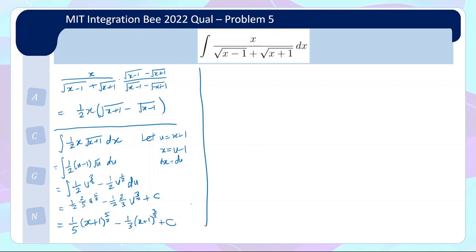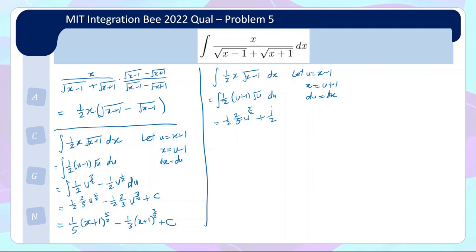Okay, and then the other integral can be evaluated similarly, so I will just go through really quickly. This is x minus 1 dx. So I let u equals x minus 1, and x is u plus 1, du equals dx. So this is the integral of half (u plus 1) square root u du. So this is half times 2/5 u to the 5 over 2 plus half times 2/3 u to the 3 over 2 plus c.